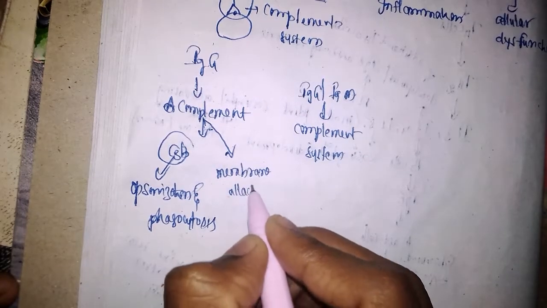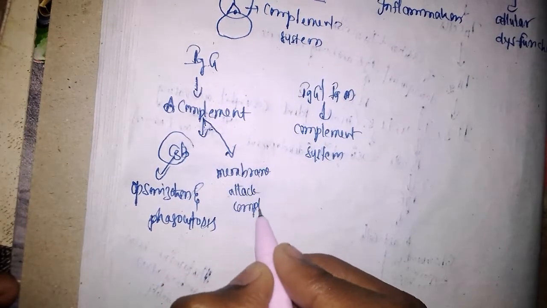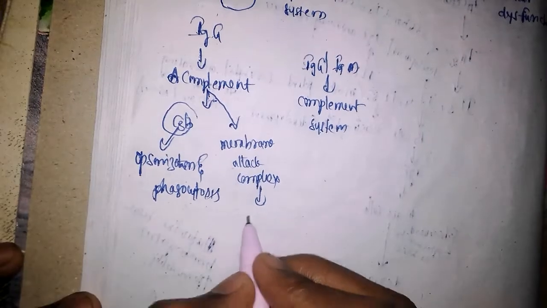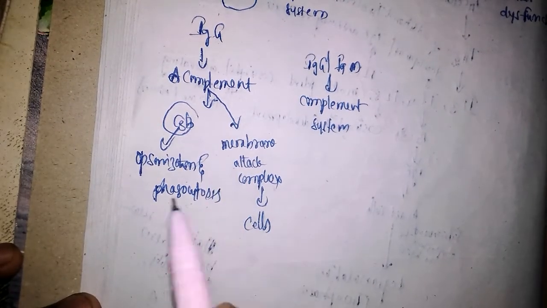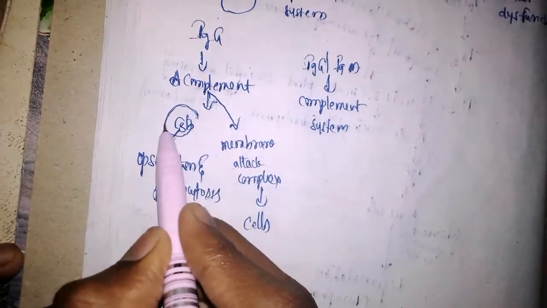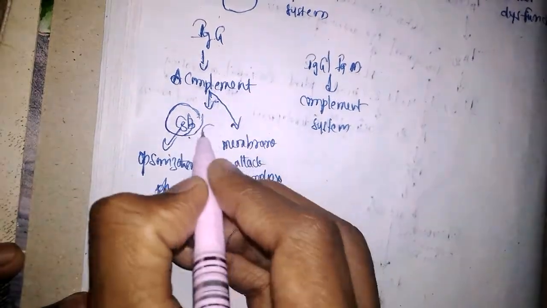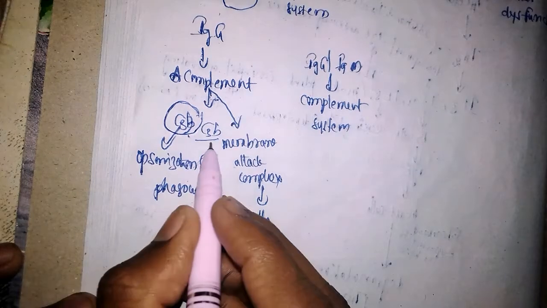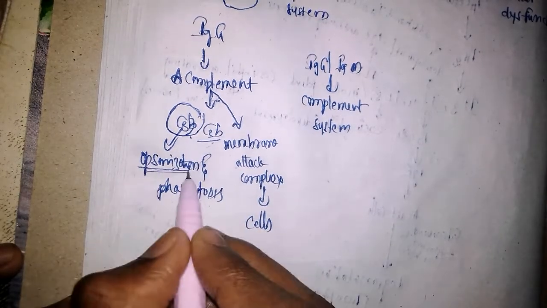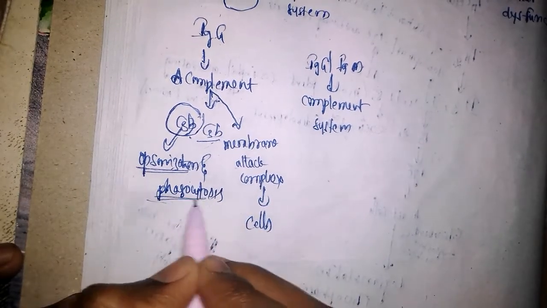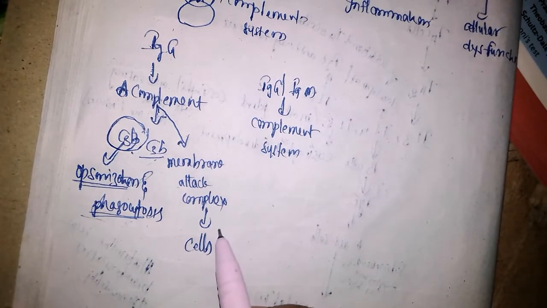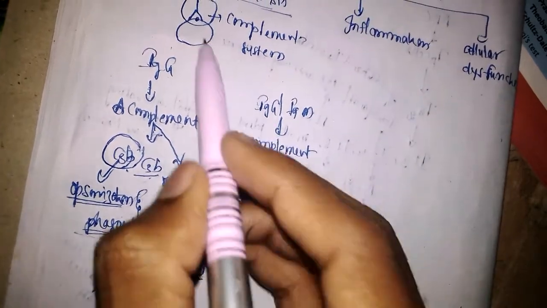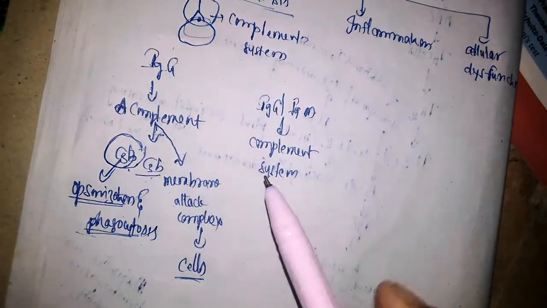This complex destroys the cells. After activation of the complement system, some mediators will form like C3b. This opsonizes the cells and results in phagocytosis. Otherwise, membrane attack complex will form and this results in destruction of cells. The whole cell will get destroyed.